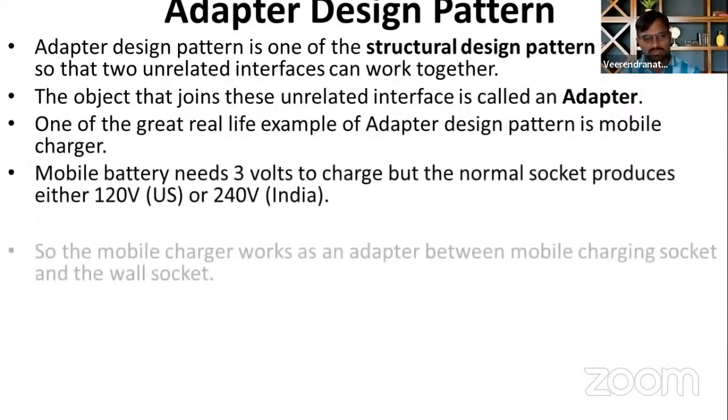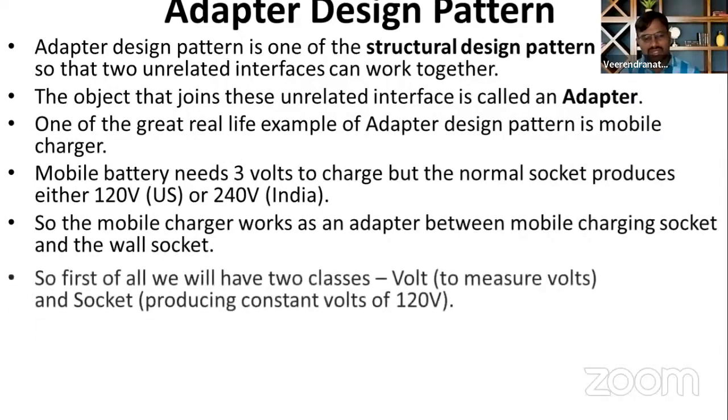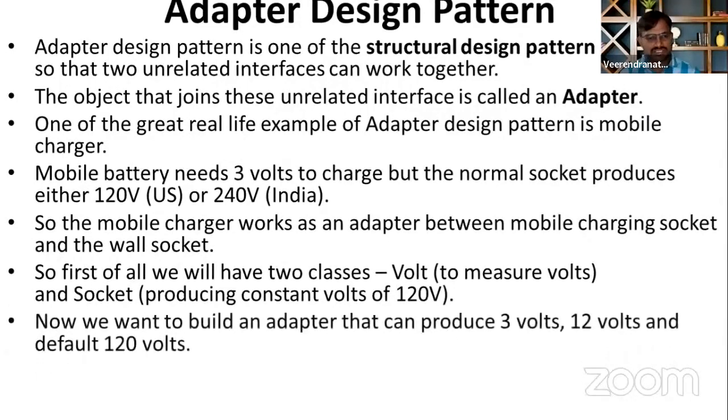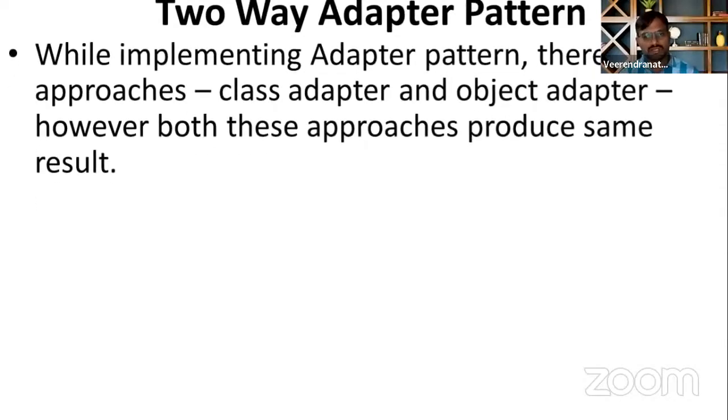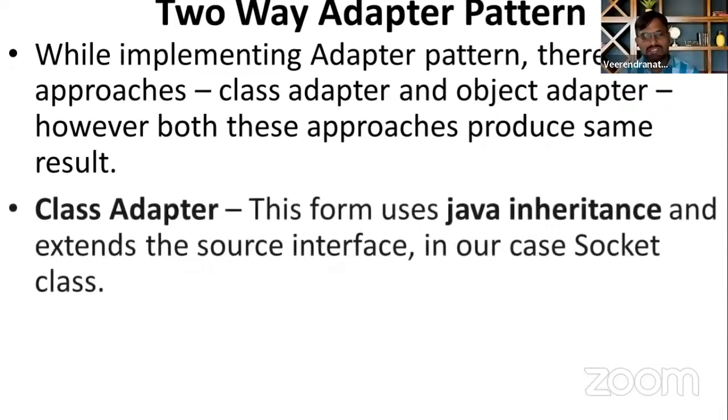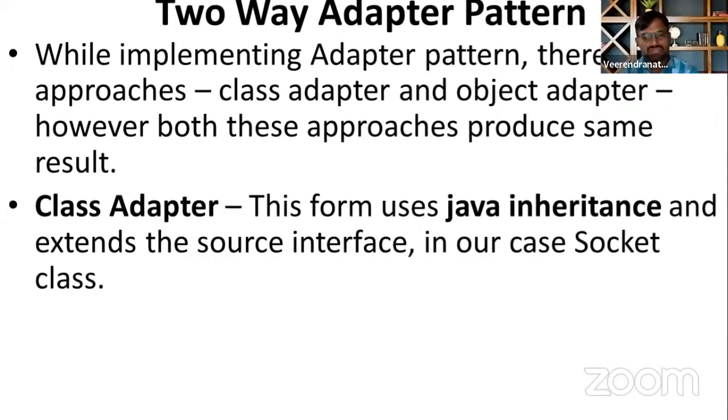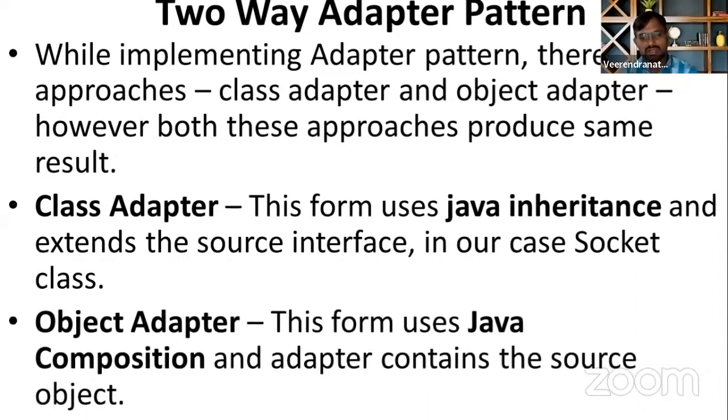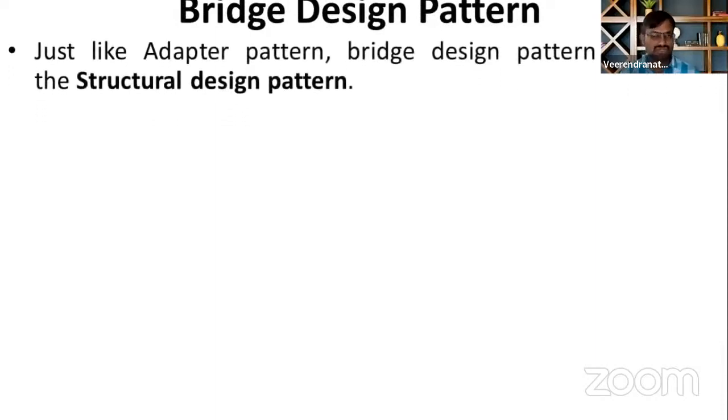The greatest example is a mobile battery, where we create multiple unrelated classes and combine them to get the job done. The adapter pattern works on two approaches: the class adapter approach, which uses inheritance, and the object adapter approach, which uses composition.